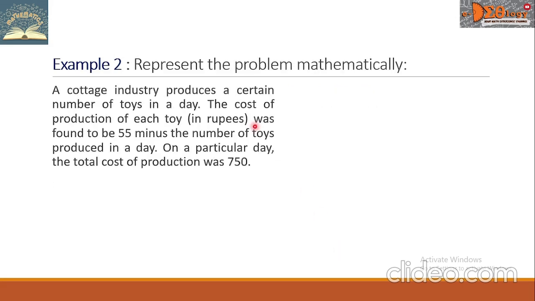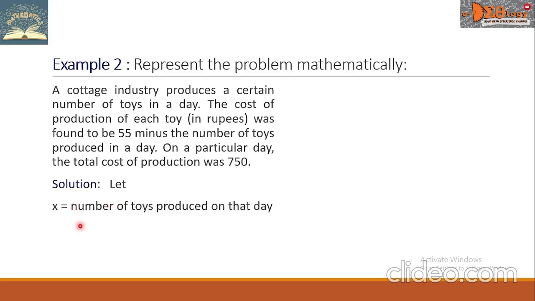Example 2. Represent the problem mathematically. A cottage industry produces a certain number of toys in a day. The cost of production of each toy in rupees was found to be 55 minus the number of toys produced in a day. On a particular day, the total cost of production was 750.